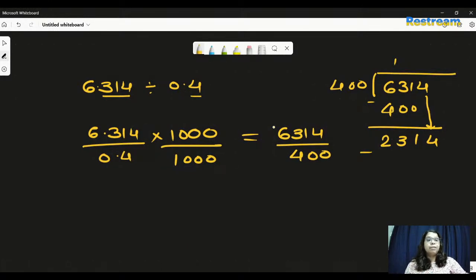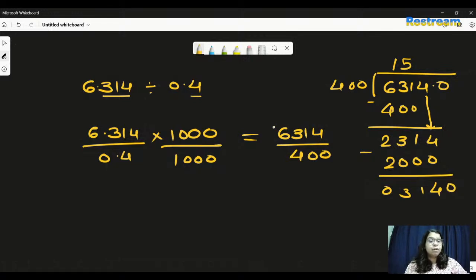Now I have times 5, which is 2000, because times 6 is 4, 1, 3, 0. Now I'm assuming a decimal point over here. So I'm going to put a 0 here. So that 0 will come here and it will add a decimal point over here.